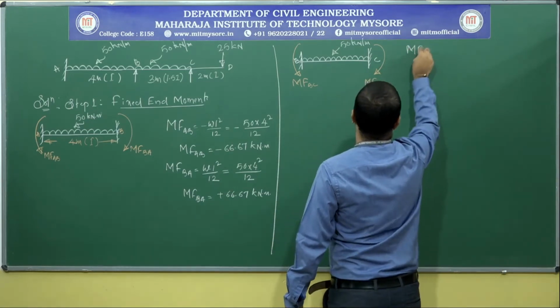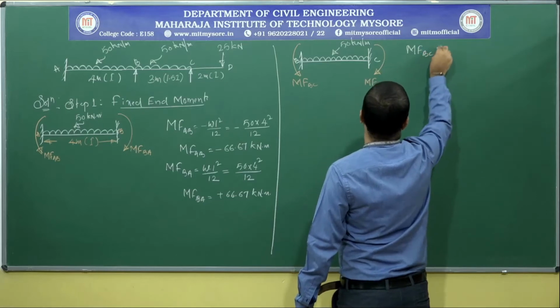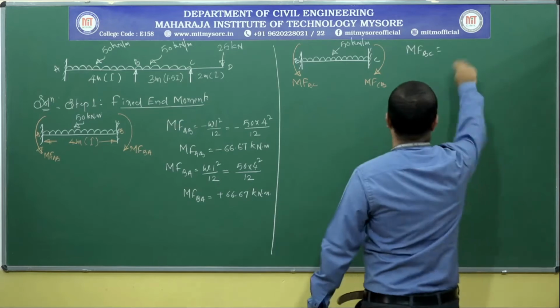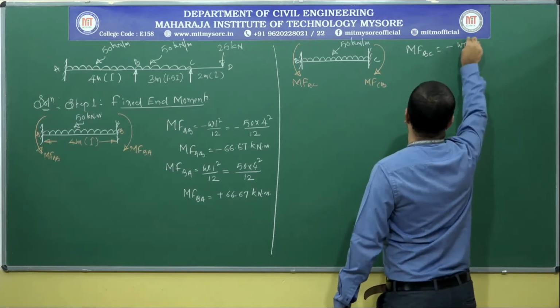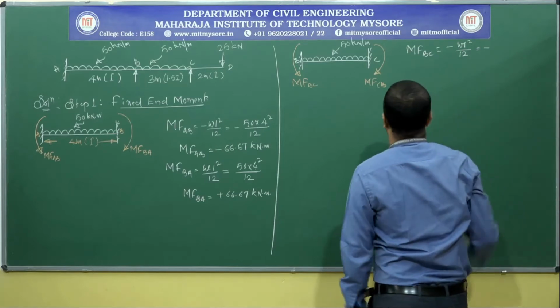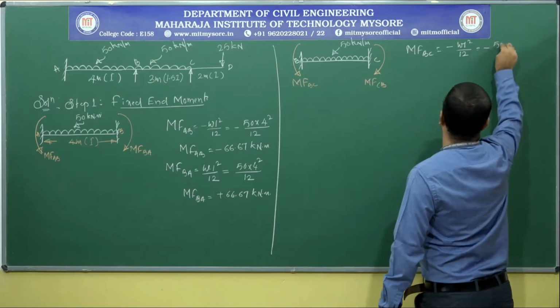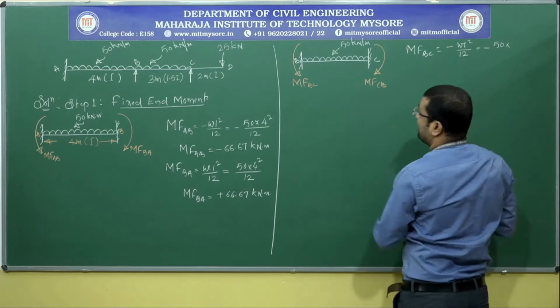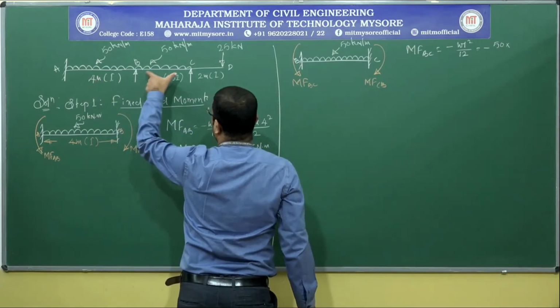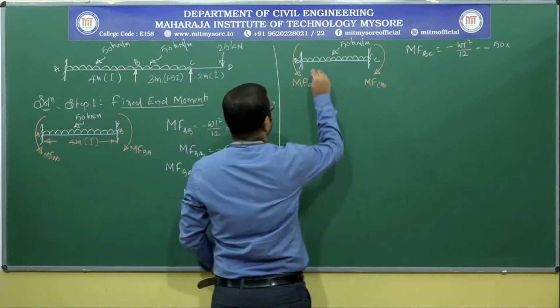So, here MFBC, because of the UDL on the span BC, the formula will remain the same, that is WL square by 12. So, minus of W is again 50 kilonewton, 50 into the span, which is different here. For the span AB it is 4 meter and for the span BC it is 3 meter.